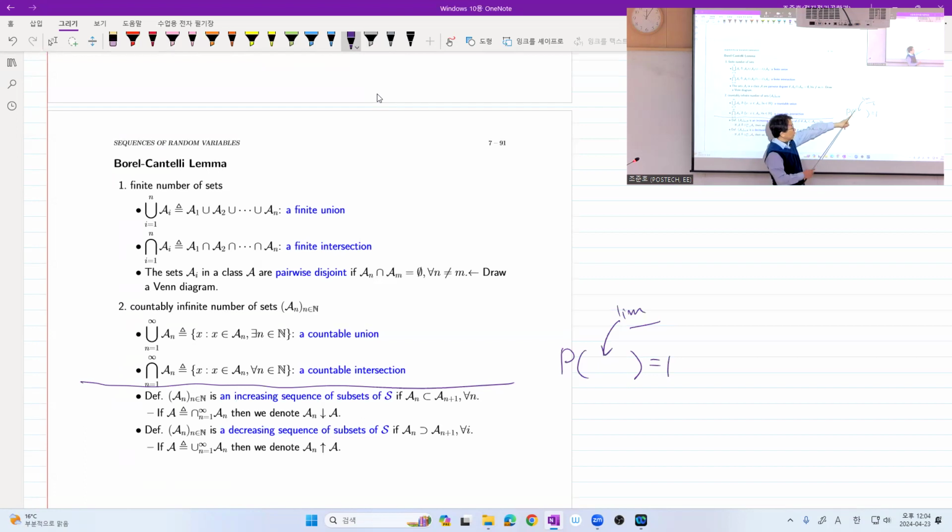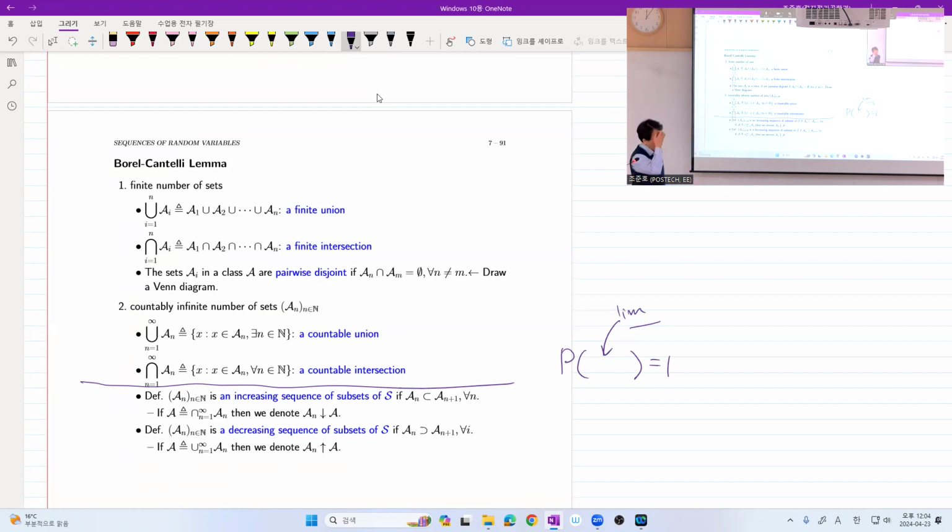But you know that this is an event, which is a set. So we need to be able to handle a sequence of subsets of the sample space, which means that it is a sequence of events we need to handle. So not just these A sub i's are subsets, but understood as events, right?